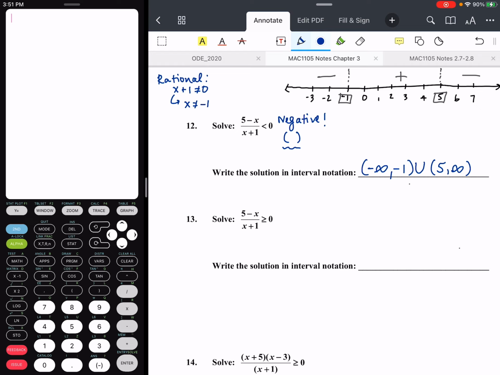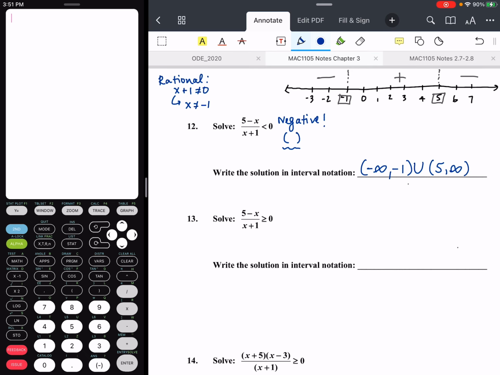Now for number 13, I have greater than or equal to 0. So that means I want positive values. Because it's greater than or equal to 0, I'm going to be using square brackets. The only exception is, remember, I can't do that for -1. If I have -1 next to a square bracket, I have to erase that and replace it with a rounded parenthesis, because x can't equal -1 no matter what.